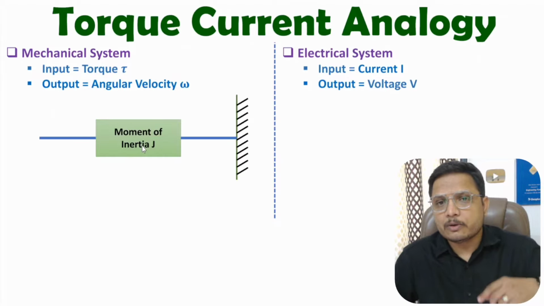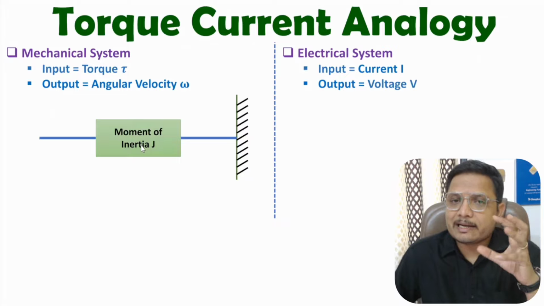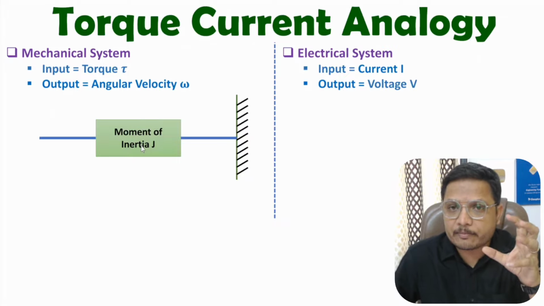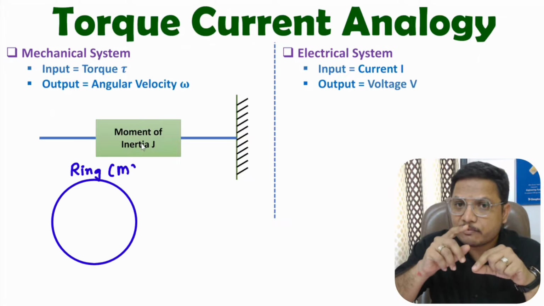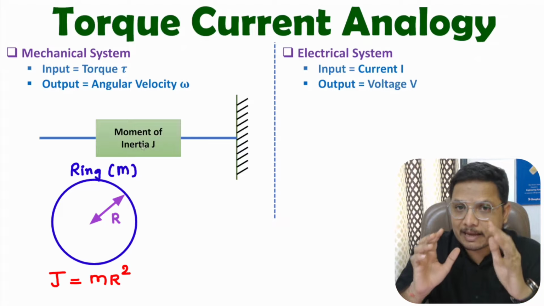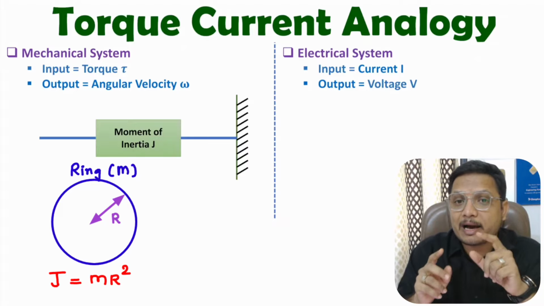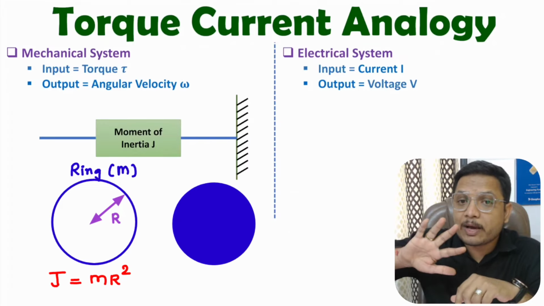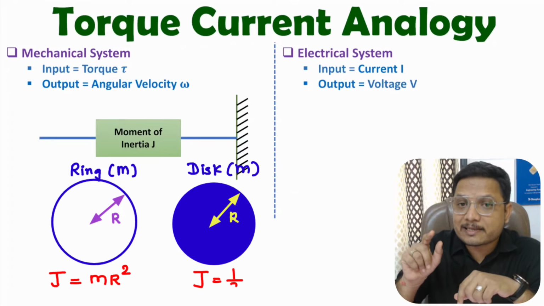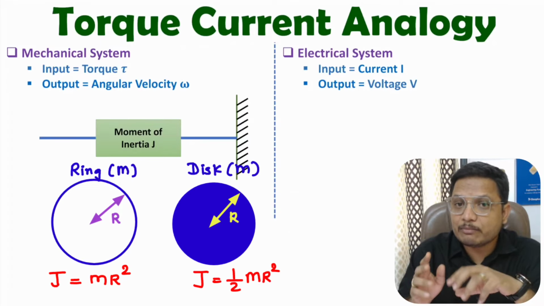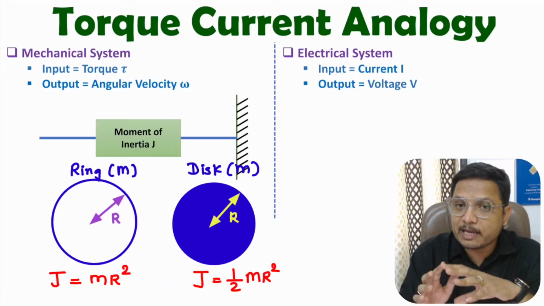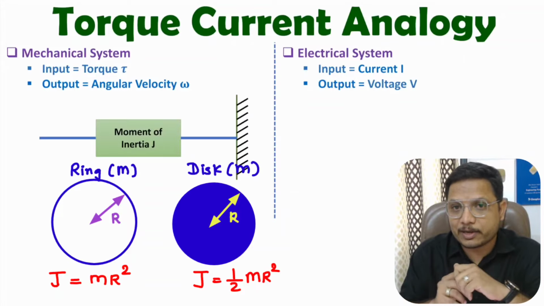One should know, moment of inertia is based on the shape of the body. If you have a ring with radius r and mass m, then the moment of inertia of the ring is mr square. If you have a disk with radius r and mass m, then the moment of inertia of the disk will be half mr square.